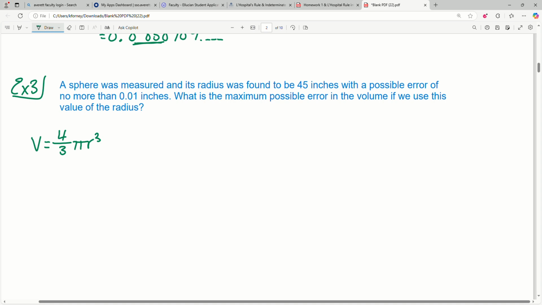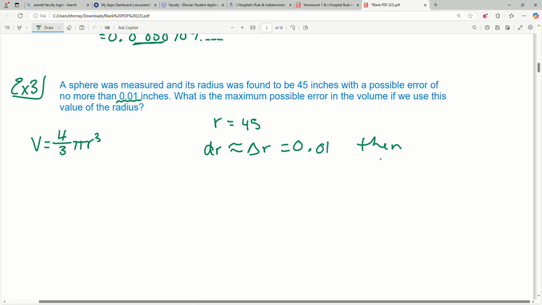Now, what it tells us is that our radius is 45, and our dr is going to be approximately delta r, and it said that it's about 0.01. So the change in r is your error that is no more than 0.01.